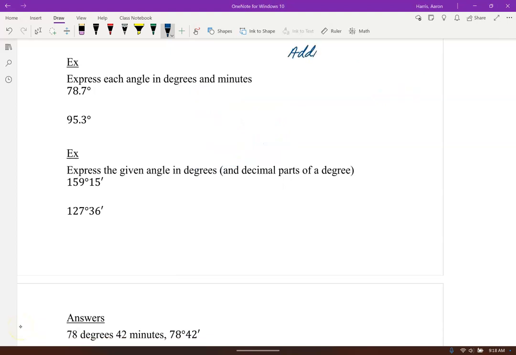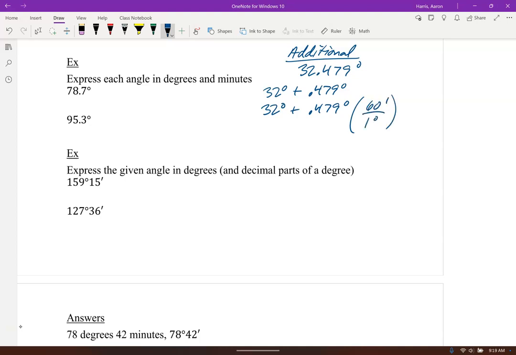Let me do an additional one here, you guys. So I have about 32.479 degrees. So that's 32 degrees plus 0.479 degrees. So what I'm going to do is take the 0.479 and say, well, there's 60 minutes for every 1 degree, so the degree cancels.